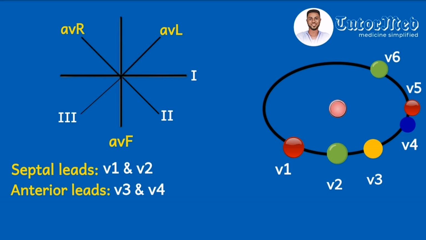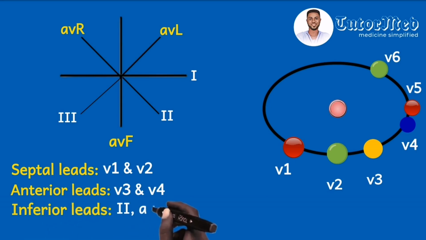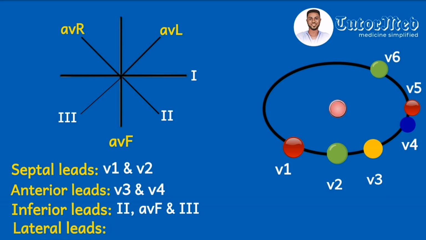Then, again, based on the drawing, we know that the inferior leads are lead 2, AVF, and then lead 3. And then, for the lateral leads, now the lateral wall of the heart has a higher part and a lower part. And then from the diagram, AVL and then lead 1 brings information from the higher part of the lateral wall, and so are called high lateral leads.